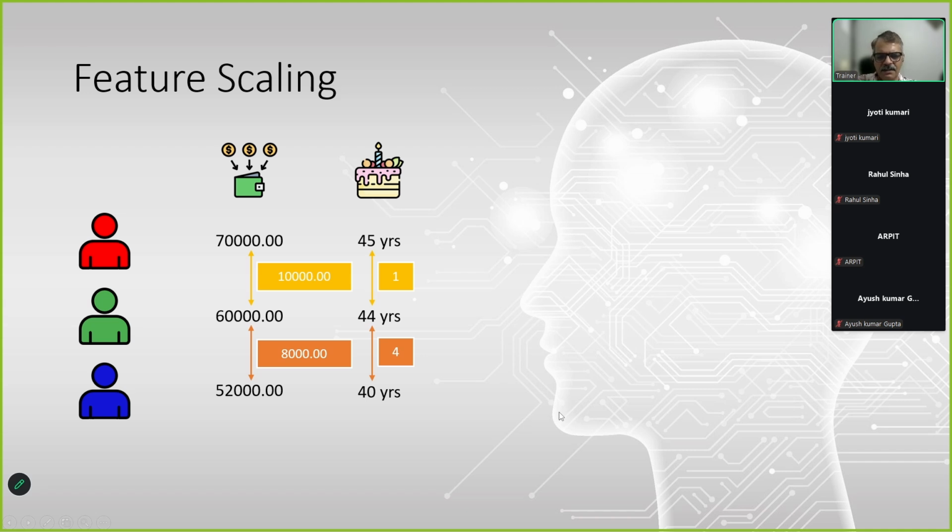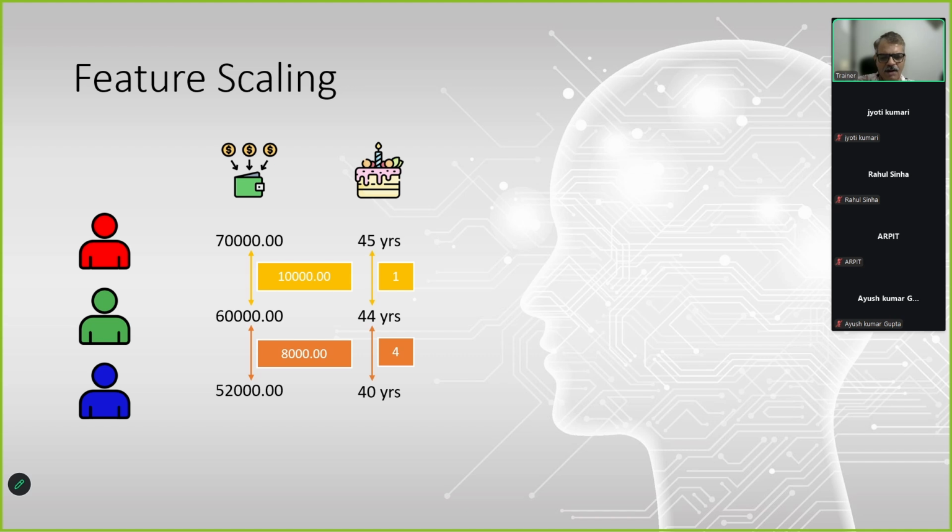So we might make the erroneous conclusion to ignore 45, 44 and 40 and entirely focus on 70,000, 60,000 and 52,000, because 1 and 4 are such small differences compared to 10,000 and 8,000. So we focus on these large magnitude numbers.